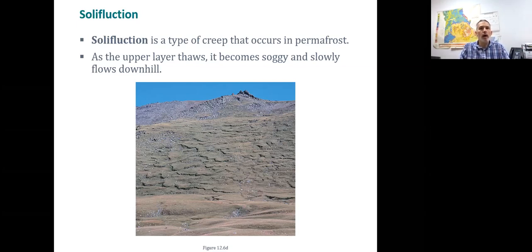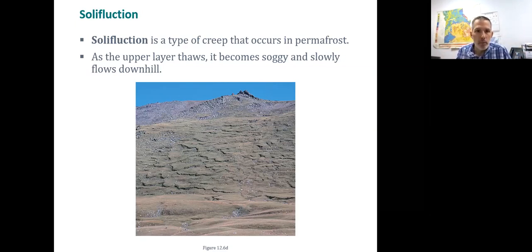Solifluction occurs where, during the winter months in places like Alaska, the ground is still frozen, but if we had an 80-degree day in Alaska, which is not uncommon, the upper part of the soil is going to thaw out, and it's going to start to slide down under the influence of this saturated water. The lower portion of the soil is still frozen in this solifluction, and so there's no place for this excess amount of water to infiltrate into, and so it's just going to slide down.